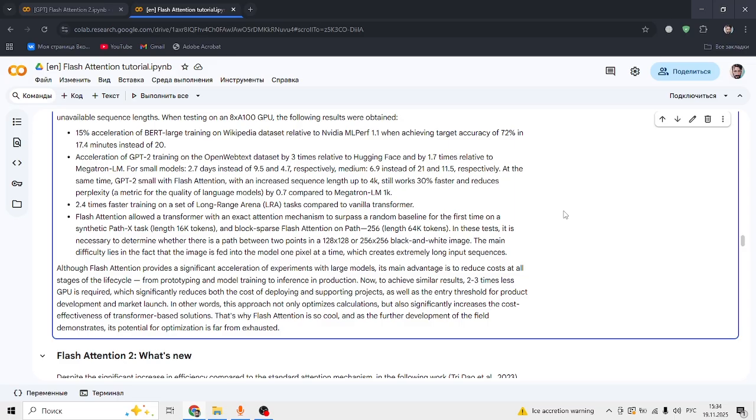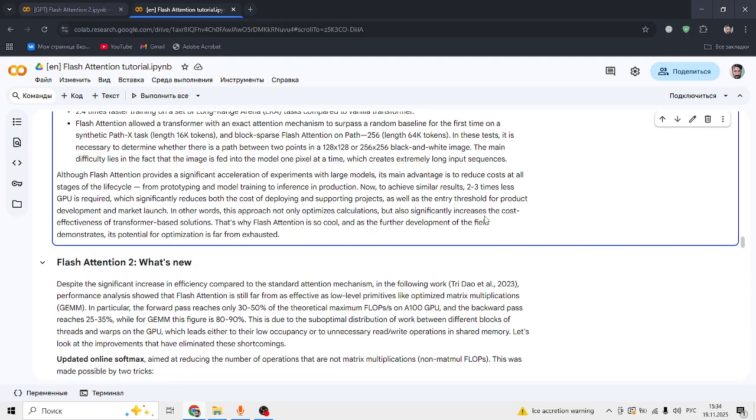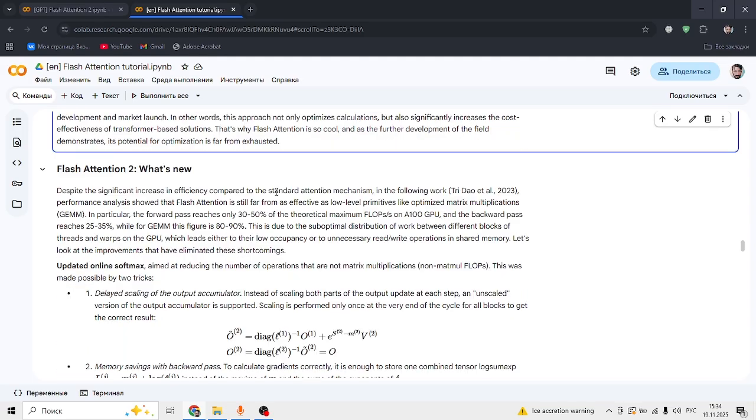Instead of this, we can use only 3. But as practice showed, this technique can be even better. So let's look at FlashAttention 2, the next work, Tri Dao 2023.